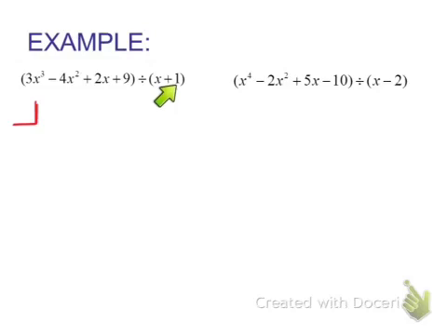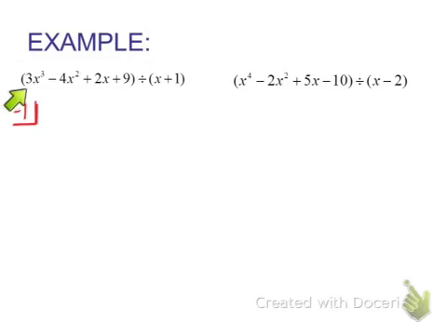Remember this A that we have here? We're going to stick A right in this box. And if you remember from our factor theorem, my factor is x minus A. So in this case, my value here is a positive 1, and my A is actually negative 1. So in this box, I'm going to put a negative 1.